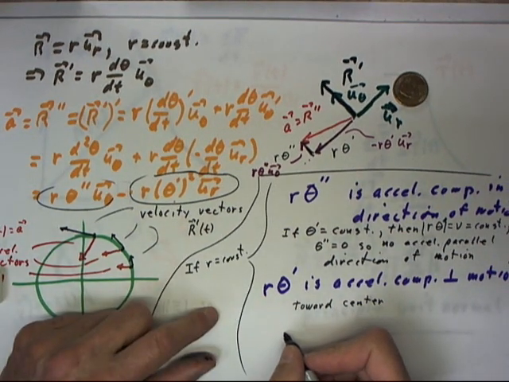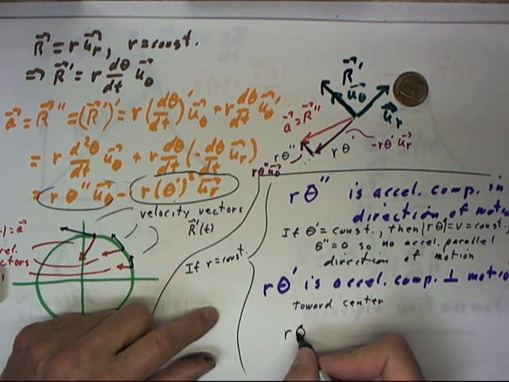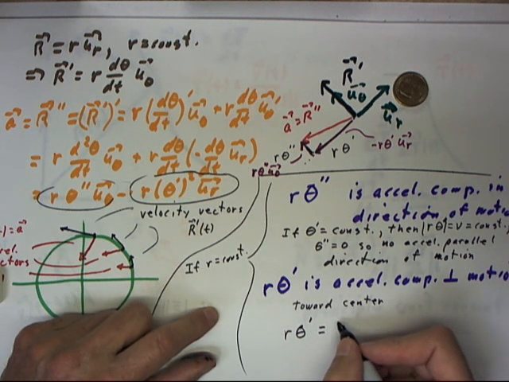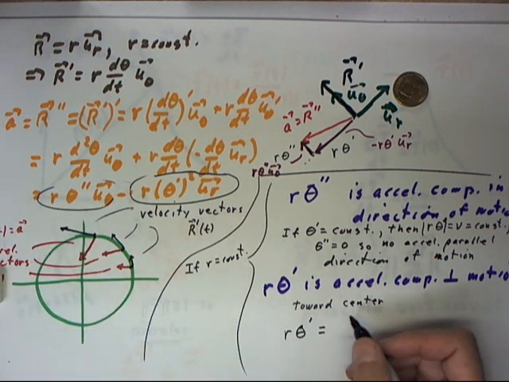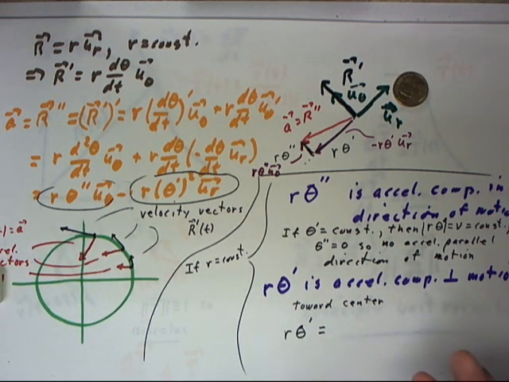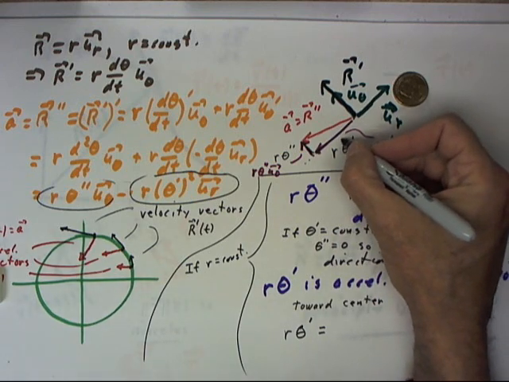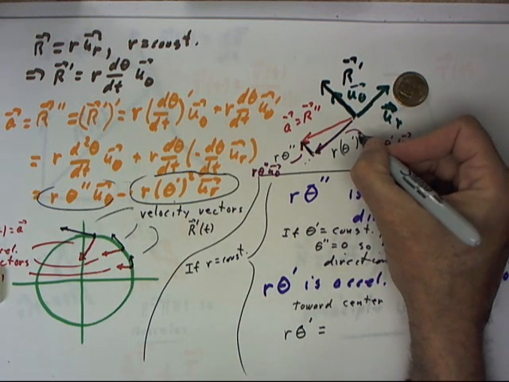And we can look at this in a couple of ways. And I've got a mistake that I've been carrying through here throughout, and I'm going to have to go back and correct that. That's r theta prime squared.